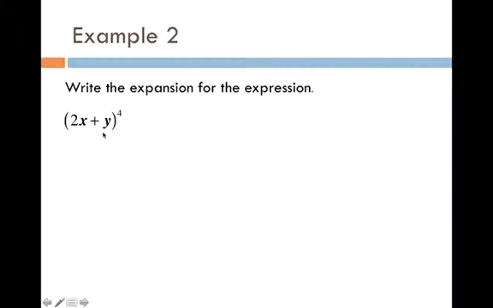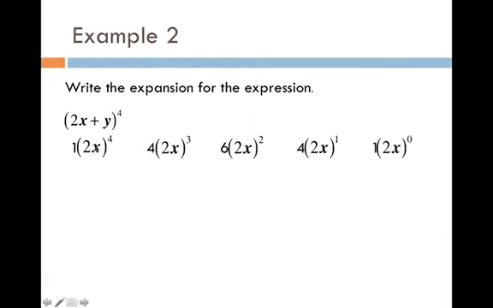Let's do two more examples. What if instead of just an x here, we have a 2x? Again, we are to the fourth power, so we write the fourth row of Pascal's triangle, and then instead of starting with x to the fourth, we write that whole term: 2x to the fourth, 2x to the third, and count it all the way down.